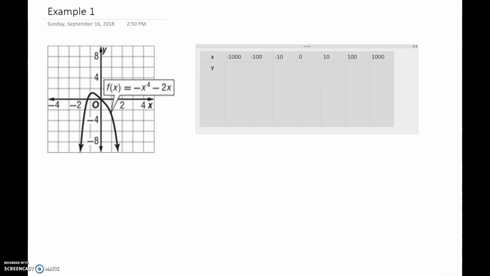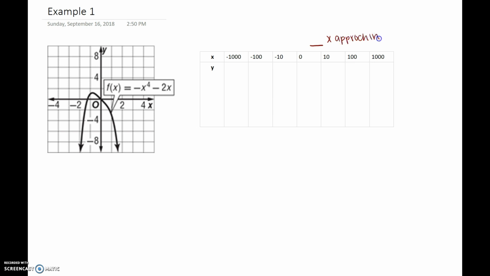So in your two examples, and this is how I would expect you guys to do your homework tonight, you're given this graph, this function, and I want you guys to use a table. So what you're going to do is substitute in all of these x values. And let's get in the habit of putting these arrows on the top too. So as x is approaching infinity, what's happening to the y values?